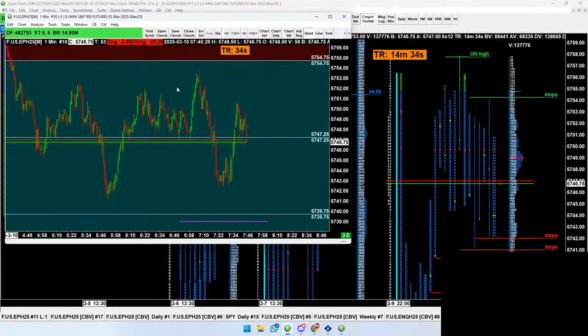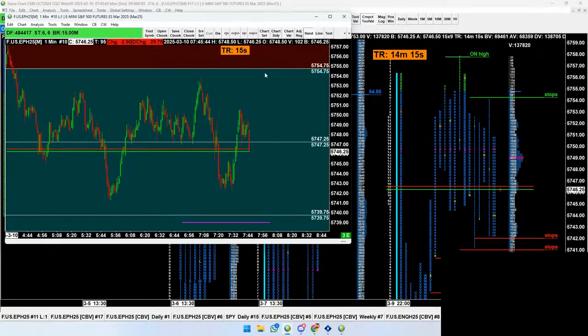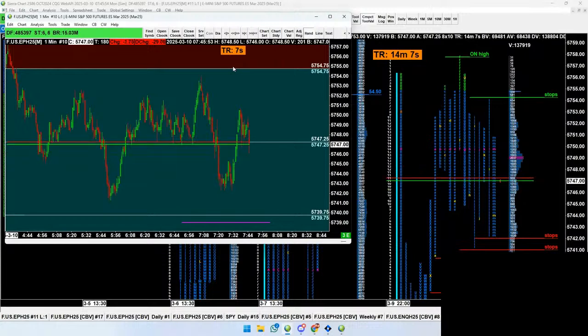All of this choppy mess right here. You don't want to trade that. This is where traders go long, get stopped out, go short, get stopped out, go long, get stopped out, go short, get stopped out. It keeps you from doing that because you only trade at the edges of your profit or discount zones, where it makes the best business sense.